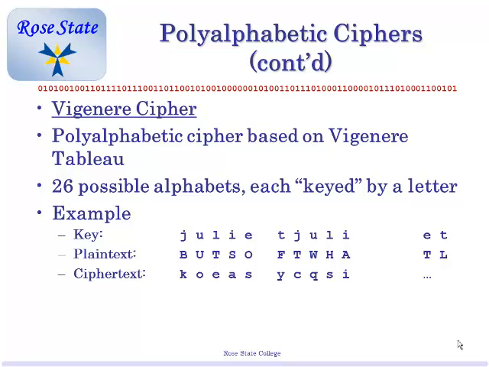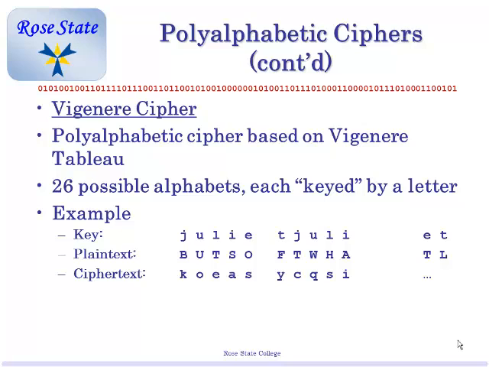It's a polyalphabetic cipher, which means a multiple alphabet cipher based on the Vigenere tableau or Vigenere table. It has 26 possible alphabets, each keyed by a letter.